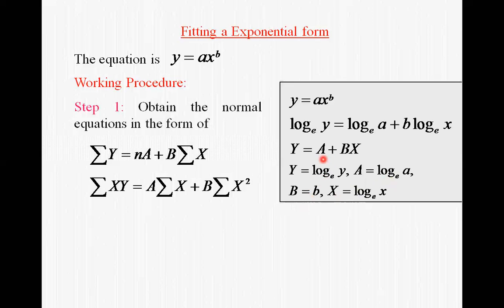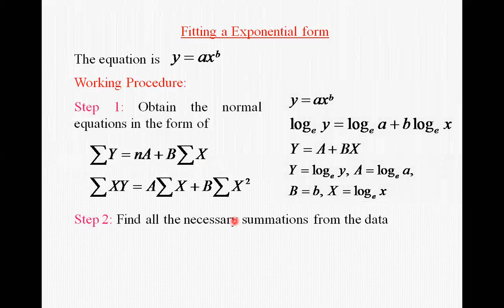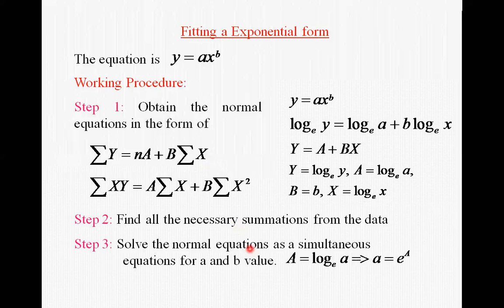Hence, the normal equations associated with this equation are: summation of capital Y equals n into capital A plus capital B into summation of capital X; summation of capital X into capital Y equals capital A into summation of capital X plus capital B into summation of capital X square. Step 2. Find all the necessary summations from the data.